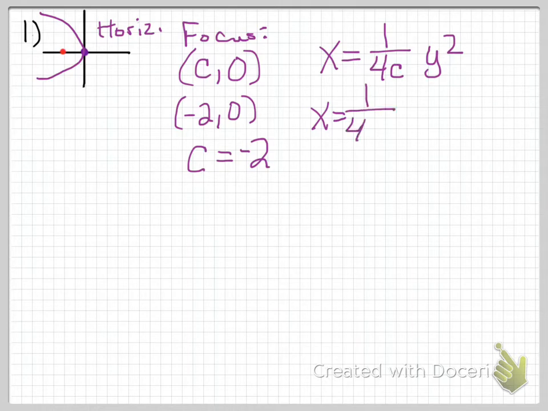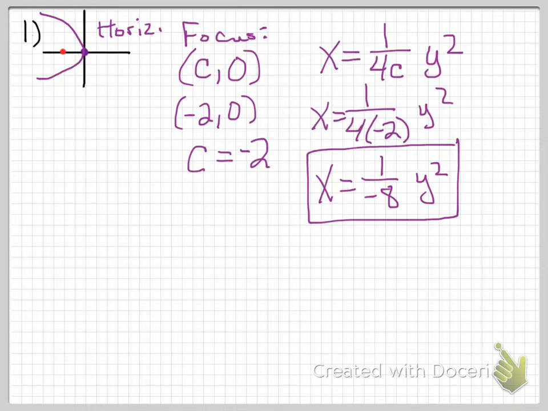So 1 over 4 times -2 y squared. Multiply my 4 times -2. That gives me 1 over -8 y squared. And there's my answer. That's actually pretty painless.